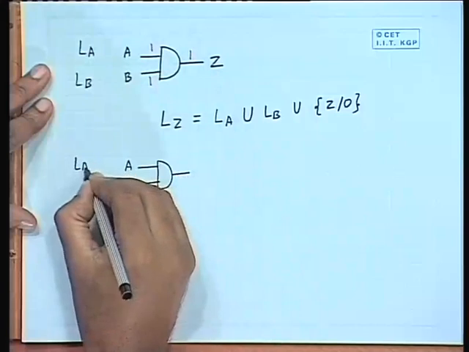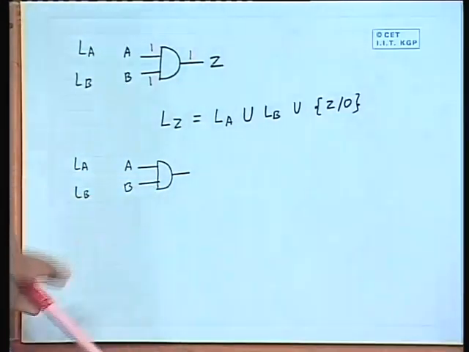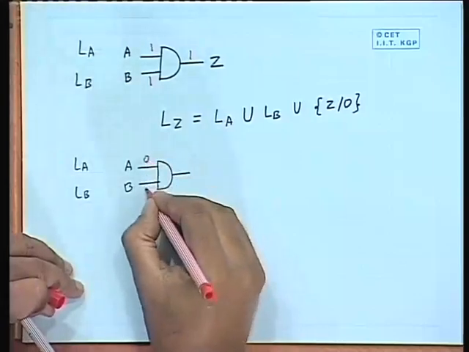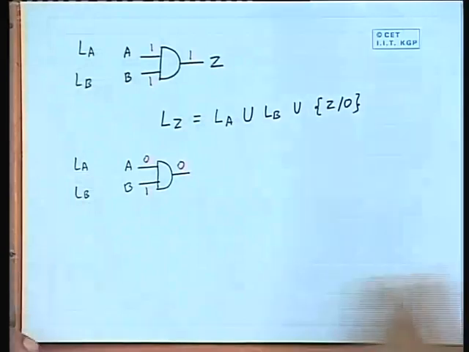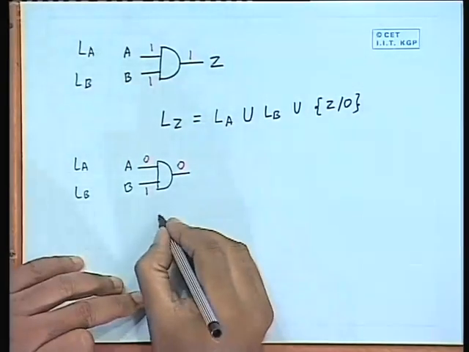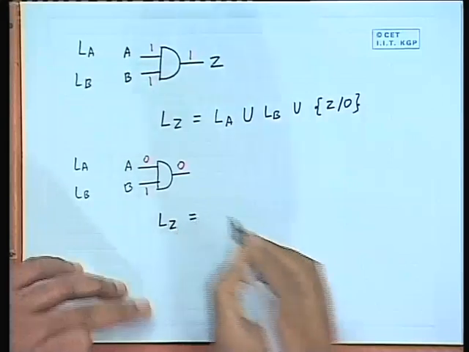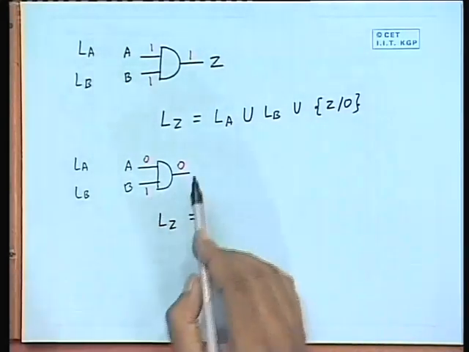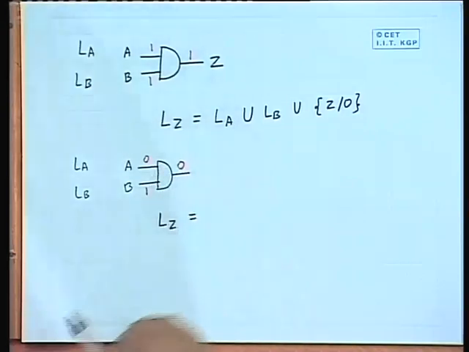But let us take the same AND gate with same input fault lists, say LA and LB, with say the applied input values 0, 1 and 0. Okay. Now, let us try to see under this condition how we will calculate LZ. See, this AND gate output is 0.